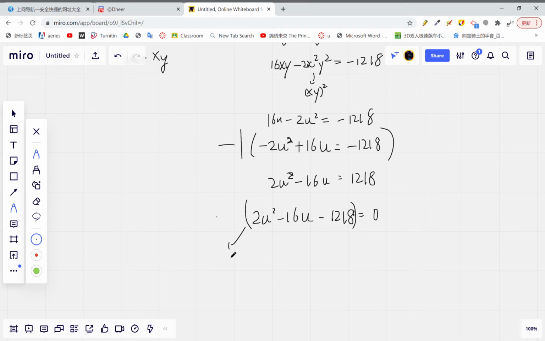So we get 2 times u squared minus 8u minus 609 is equal to 0. So we can find u by factoring this, and we factor this, we know that this is u minus 29 times u plus 21 is 0.